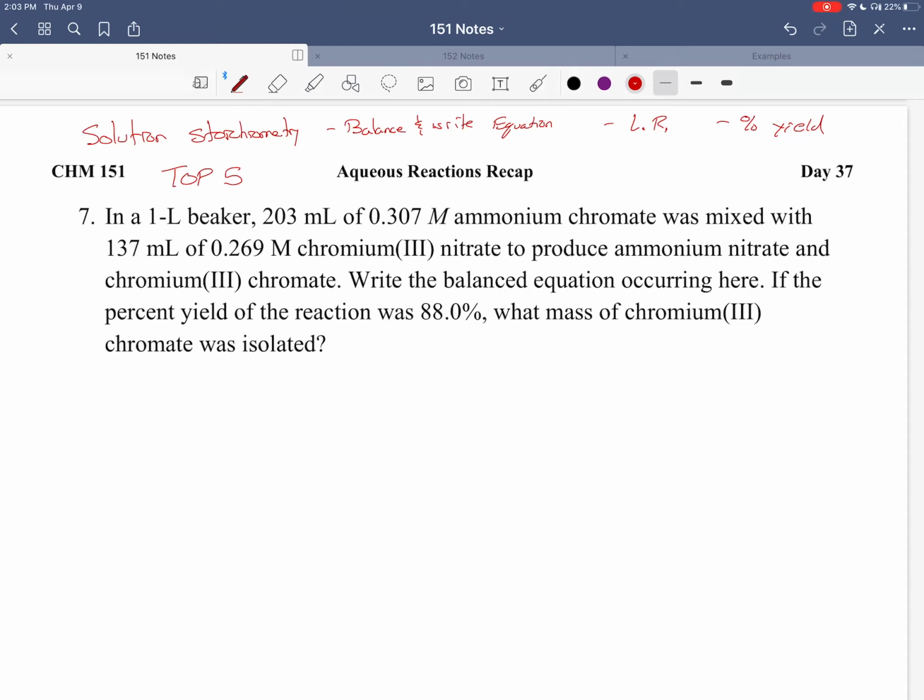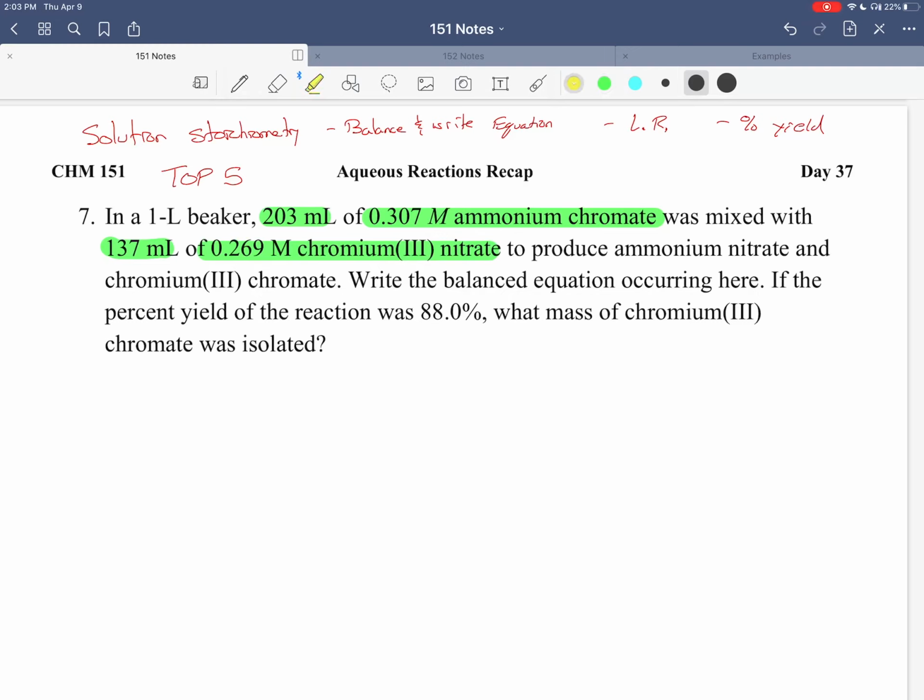Now, if you read the problem, the 1 liter beaker is just the container this happens to be in. 203 milliliters of ammonium chromate was mixed with 137 milliliters of 0.269 molar chromium-3 nitrate to produce ammonium nitrate and chromium-3 chromate.